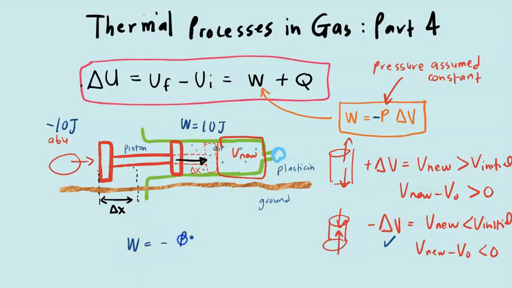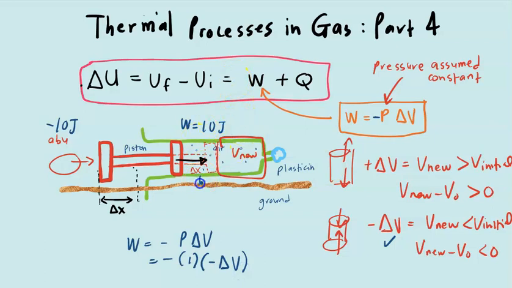So negative P delta V. Let's arbitrarily select a number for the pressure, so let's say it's just 1 atm. And then our V new is smaller than our V initial because Abu is pushing the piston. The volume inside the syringe becomes smaller, so this is a negative change in volume.